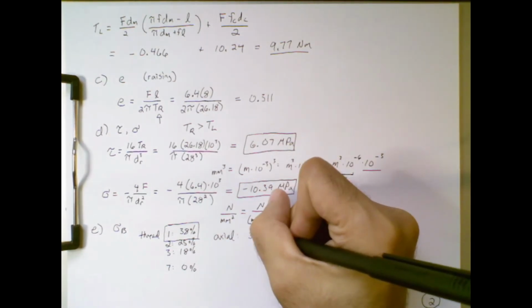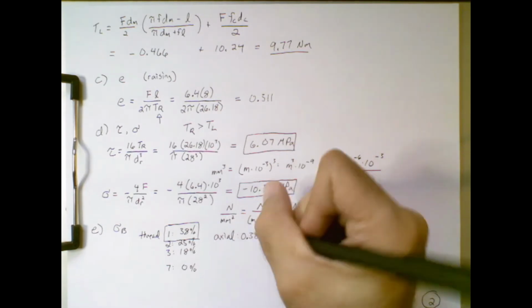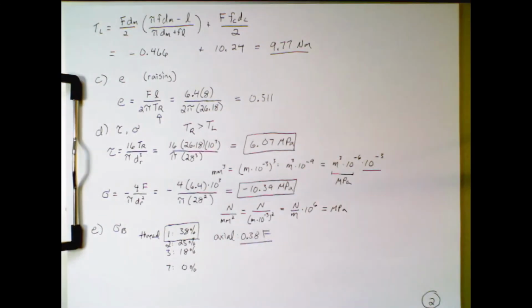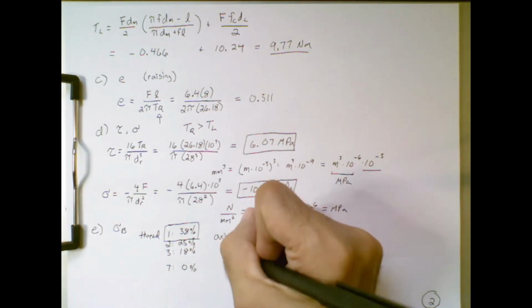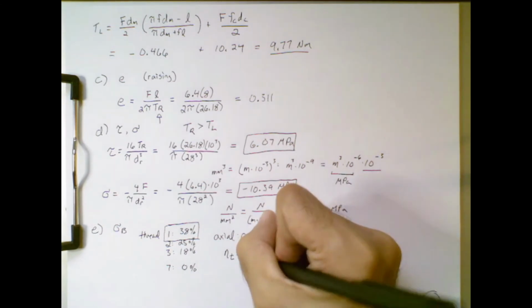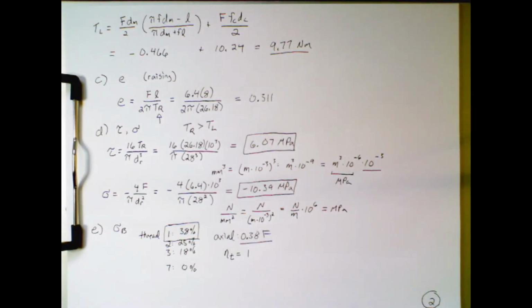If it takes 38% of the load, then let's use 38% of the axial force and only look at the first thread. This also means that in the equations, we'll set the number of threads equal to 1, assuming we just have 38% acting at this single thread.